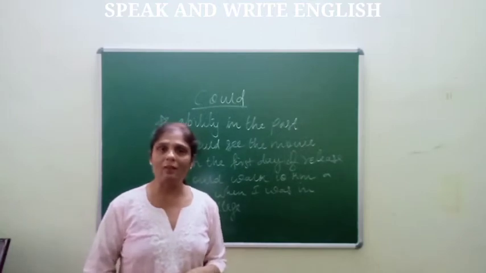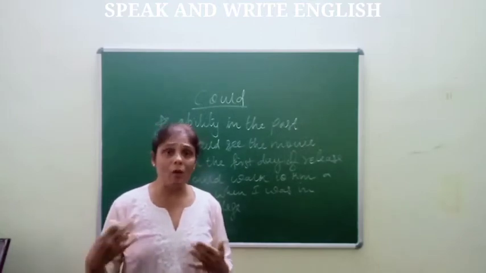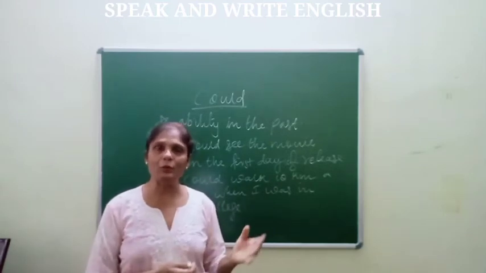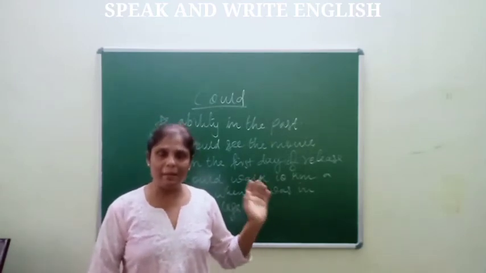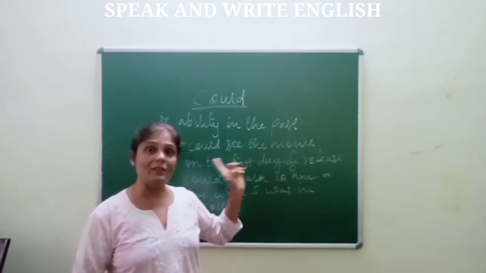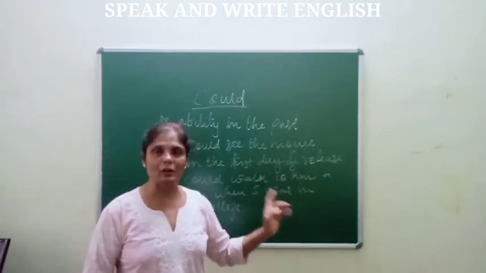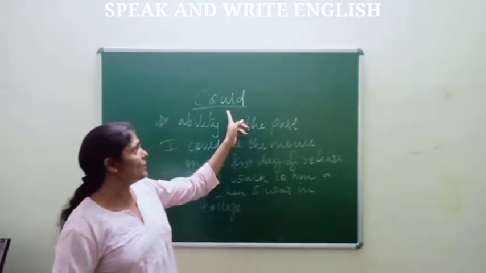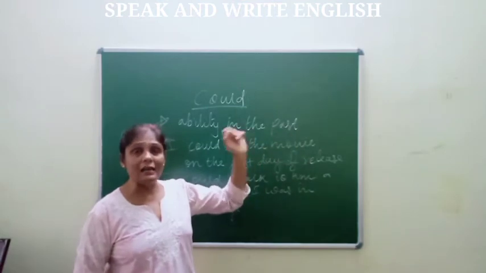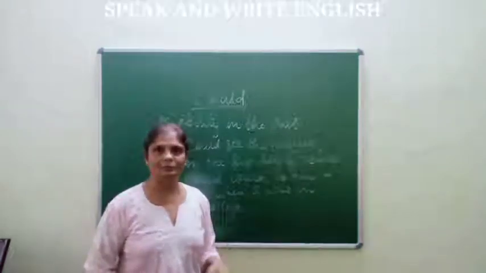Maybe I don't have that ability now. Maybe now I am able to walk more than 10 kilometers, or maybe I am able to walk less than 10 kilometers. But the ability to walk 10 kilometers a day was there when I was in college, but not at present. So the modal could talks about the ability in the past, unlike the modal can.